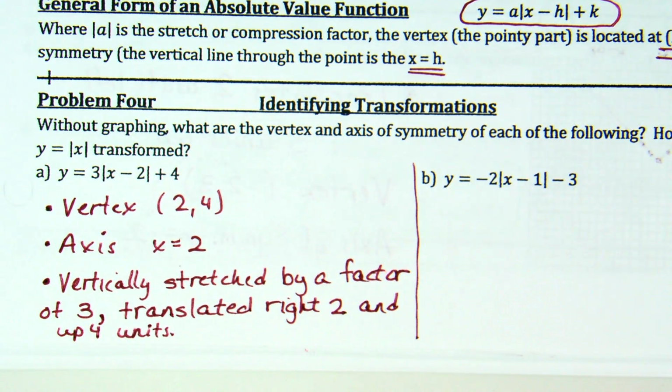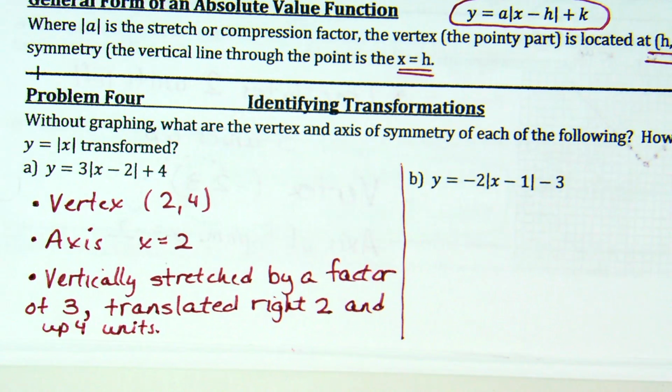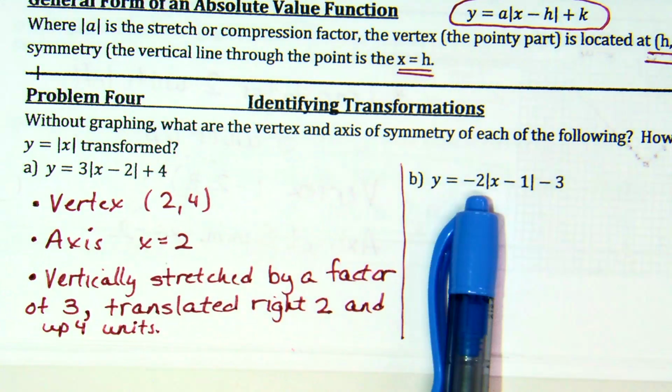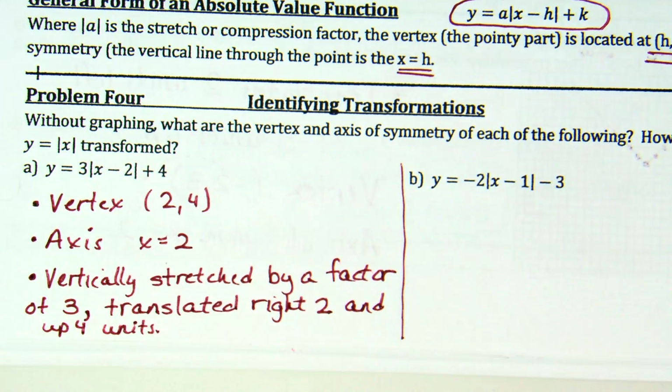Try to make sure people had time to write stuff down. Okay, what are the pieces we see on B? Identify something happening here. Okay, because there is a 2 out front, 2 is bigger than 1, that's going to be a stretch. Okay, vertical stretch by a factor of 2. What else?